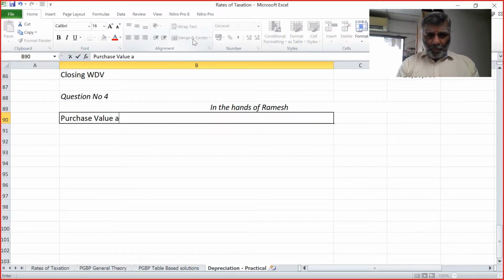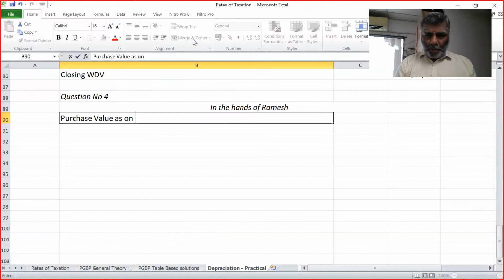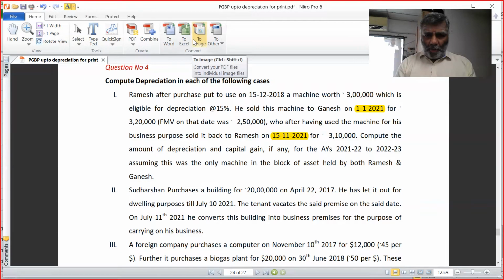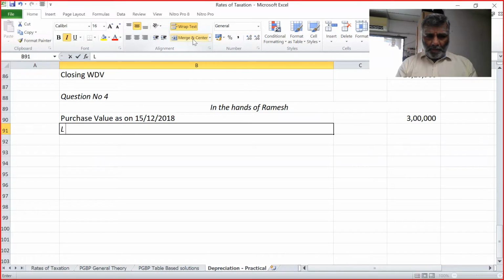Purchase value as on 15/12/2018, 3 lakhs, less depreciation at the rate of 7.5% for financial year 18-19.